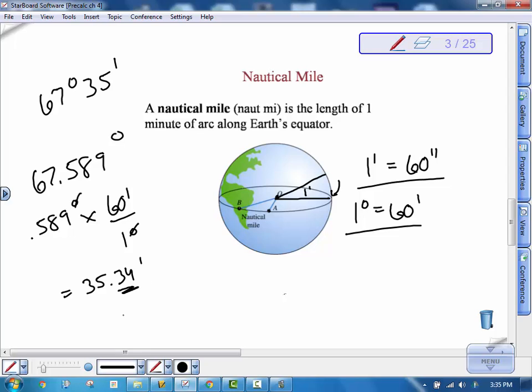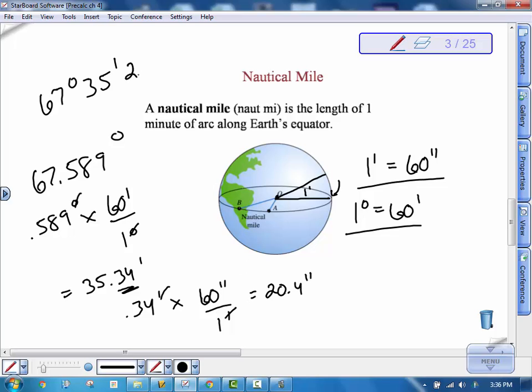we're going to convert that to seconds. So now let's just isolate that 0.34 minutes, and let's multiply that by 60 seconds is equivalent to 1 minute. So the minutes will cancel, and we'll get that in seconds. So 0.34 times 60 gives us 20.4. So this would be equal to 20.4 seconds.